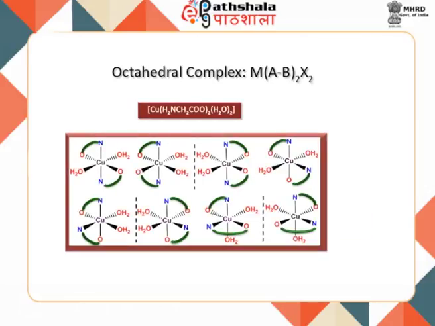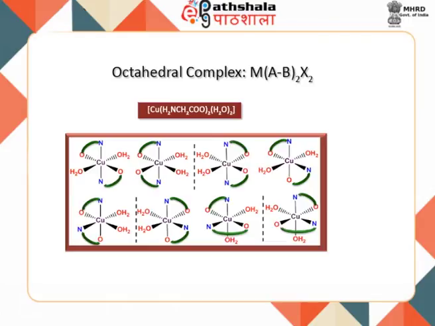In the case of octahedral complex M(AB)2X2, disymmetry can be introduced by adding an unsymmetrical bidentate ligand to it. For example, the copper complex being shown is chiral. In this complex, the glycinate ion can bind to the metal center in two ways.